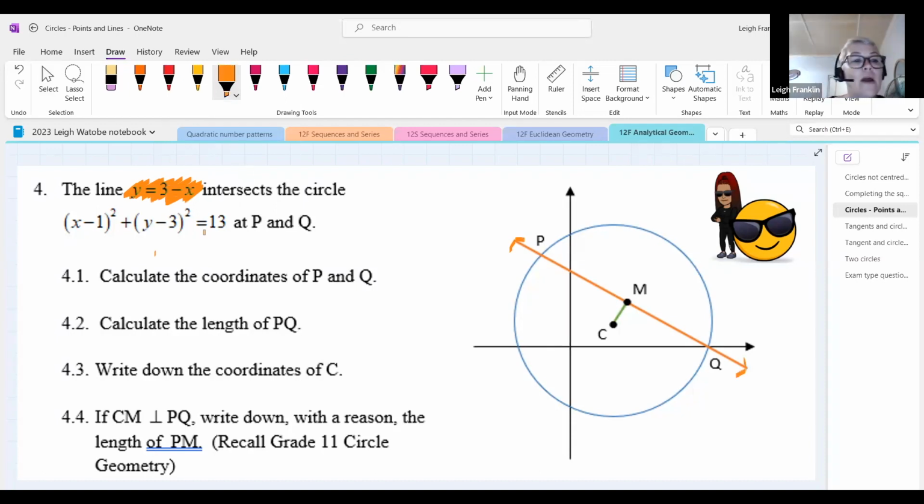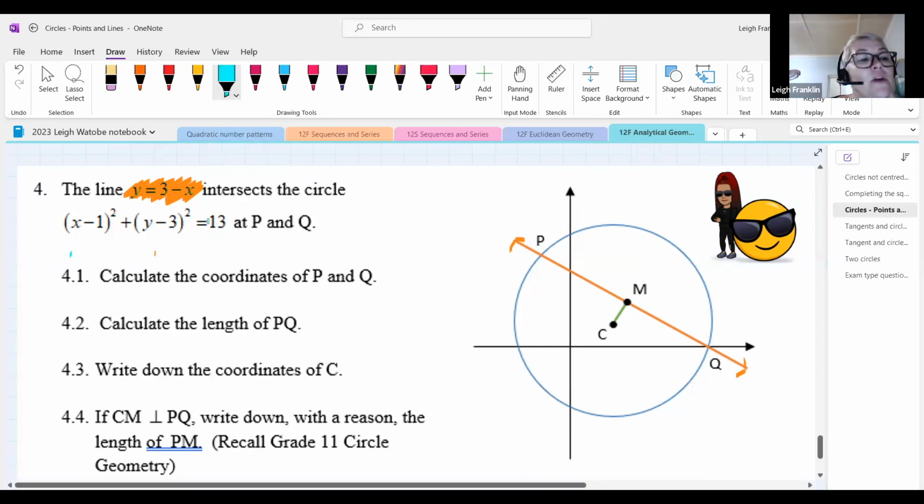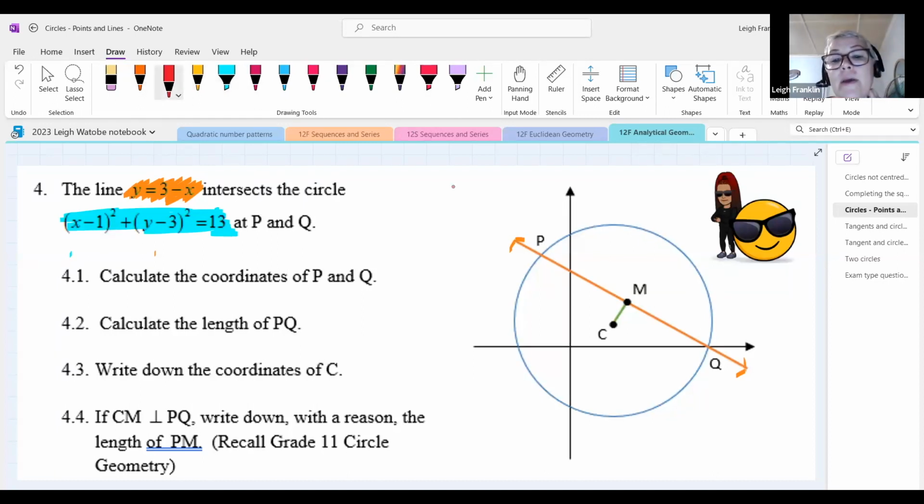The line y equals 3 minus x intersects the circle, which is in blue, and the equation of the circle is given to us as (x minus 1) squared plus (y minus 3) squared equals 13. It intersects the circle at 2 points, at P, which is this point up here in the second quadrant, and at Q, which looks as though it's a point on the x-axis.